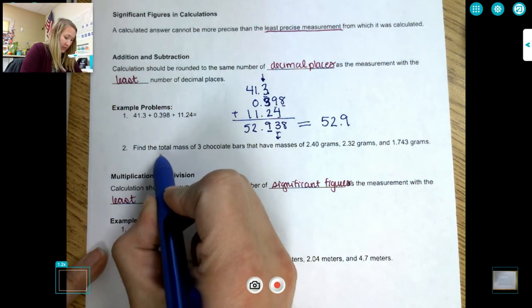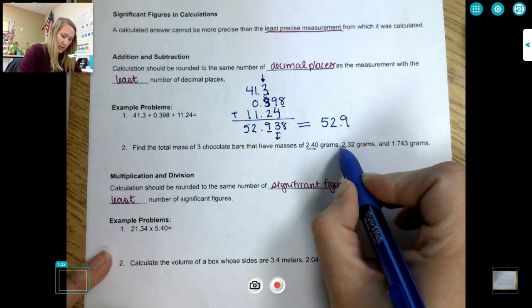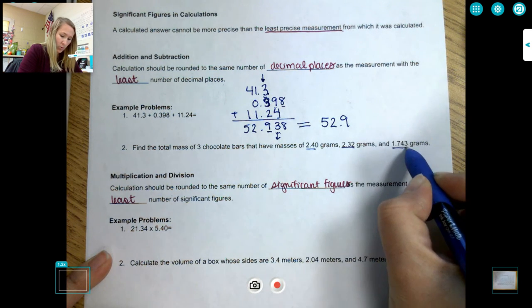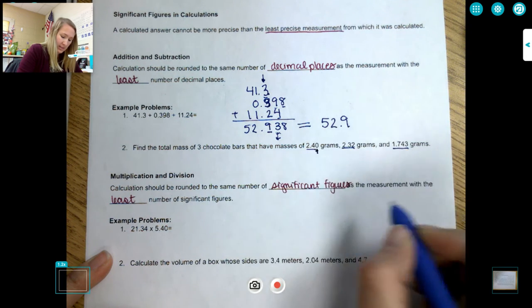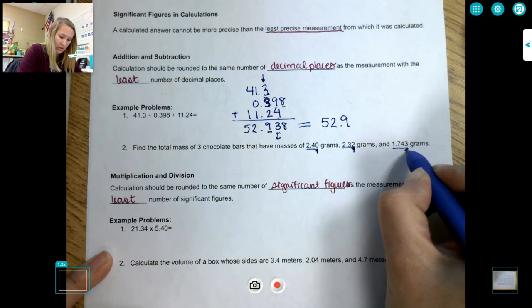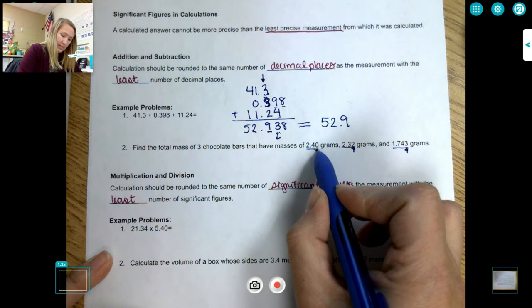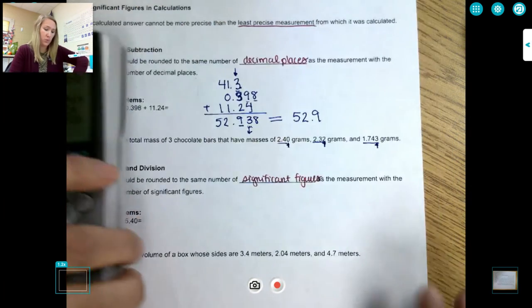My next question says to find the total mass of 3 chocolate bars with a mass of 2.4 grams, 2.32 grams, and 1.743 grams. Here, I know to the tenths place, here to the hundredths place, here to the thousandths. My least precise measurement is to the tenths place, so that's what I'm going to round my answer to.